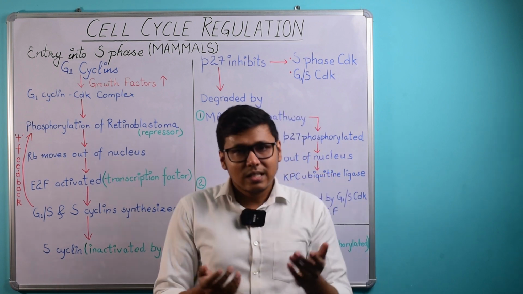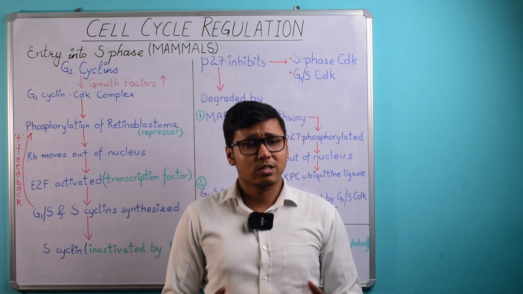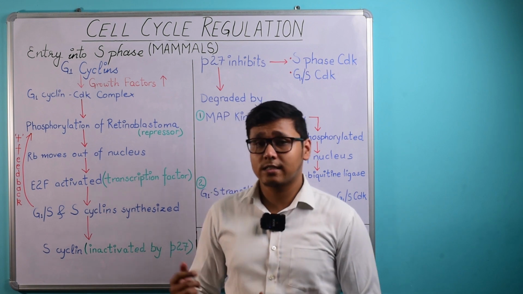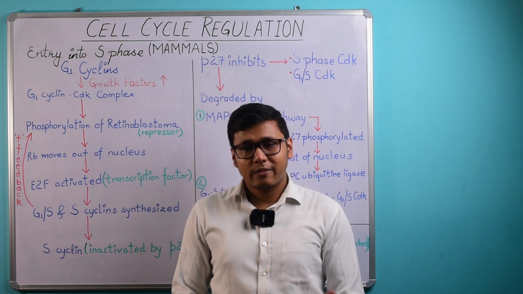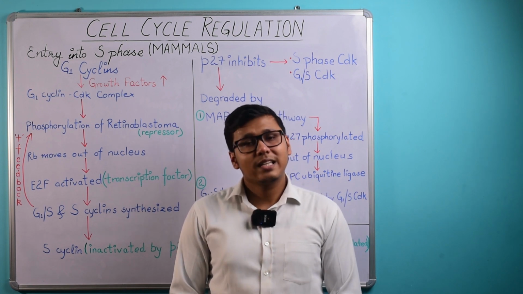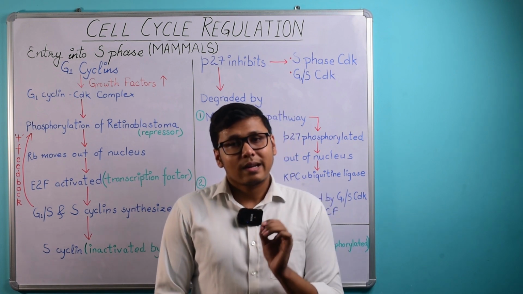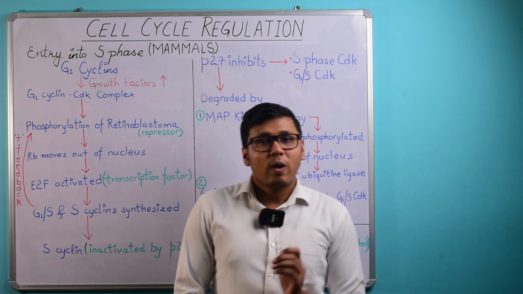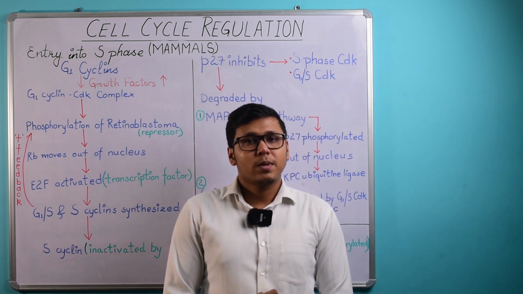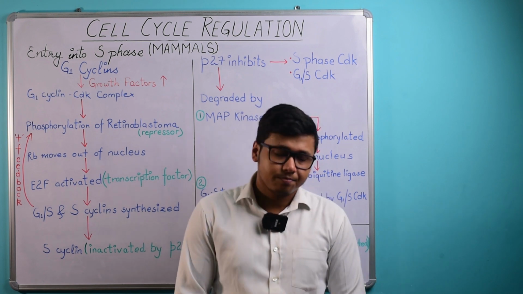And there are various proteins for the initiation of replication. I am not going into the details because it's not relevant to the topic I am discussing here. The ORC, CDC6, CDT1 and the MCM helicases are going to get loaded onto the DNA. But what's relevant to this topic is why the DNA replication takes place only in the S phase of the cell cycle.